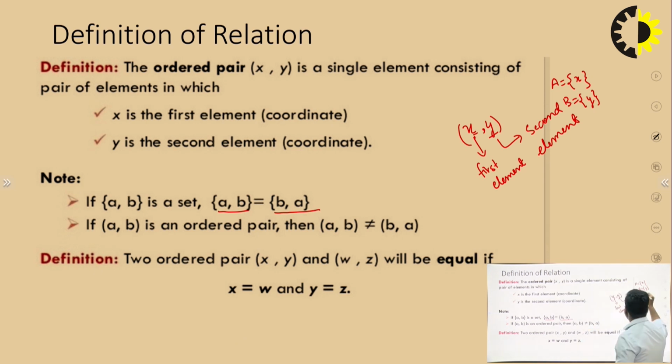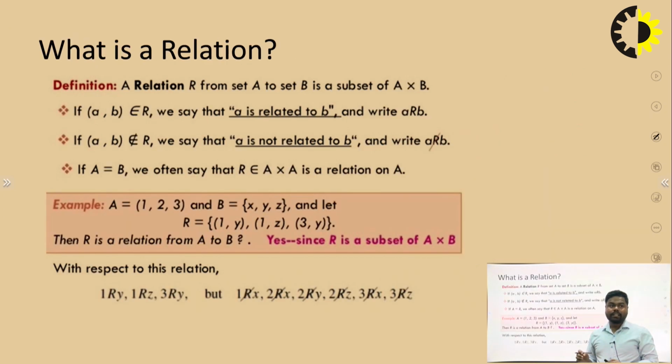If we are saying A cross A or A cross B, that is the Cartesian product of A and B, which contains x and y. So the relation definition is that the ordered pair xy is a single element consisting of a pair of elements where x is the first element and y is the second element.